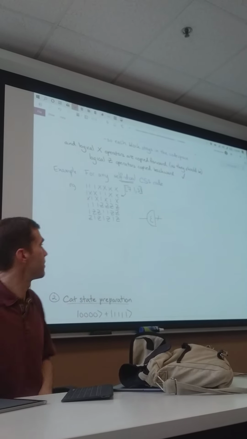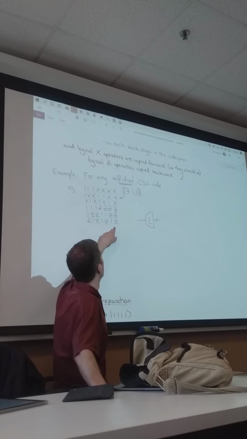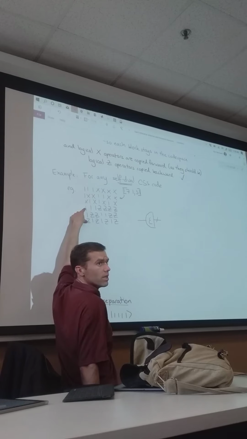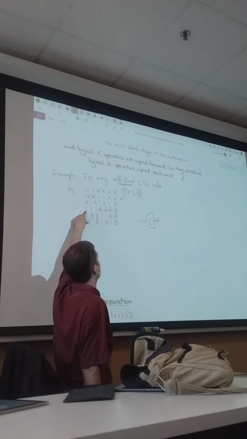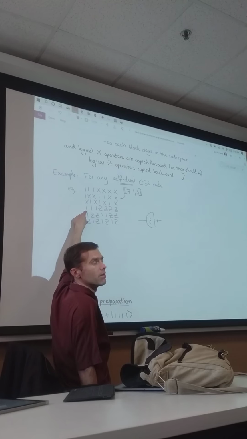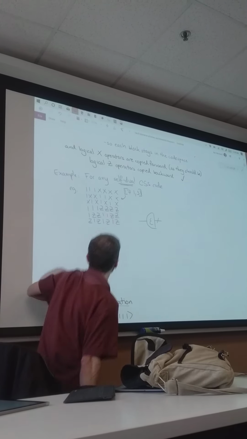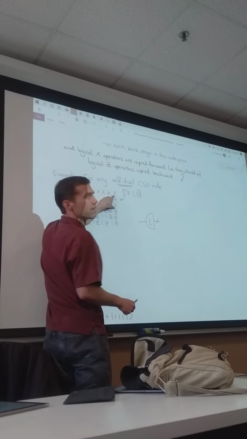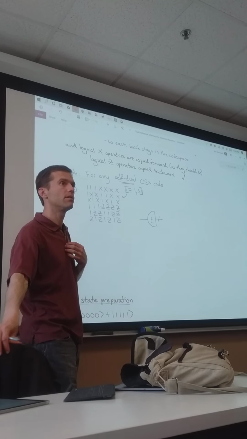It's 7 because there are 1, 2, 3, 4, 5, 6, 7 physical qubits. 1 because 7 minus 6 means there's 1 logical qubit remaining. And 3 because the distance is 3, because I can correct any one error. For example, any single z error can be corrected because it'll have 7 distinct syndromes, or 7 different positions the z error could have occurred.